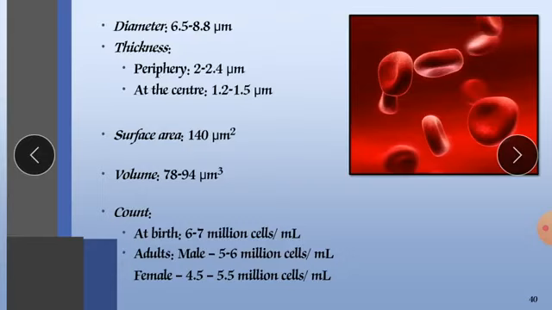Now at birth, 6 to 7 million cells per ml is the RBC count, but in adults it declines to 5 to 6 million per ml in case of male, and in case of female 4.5 to 5.5 million per ml.